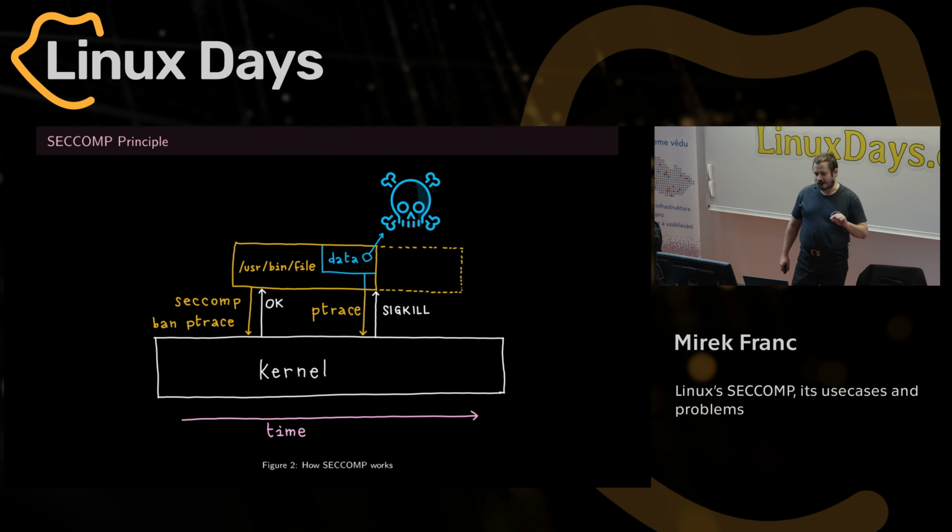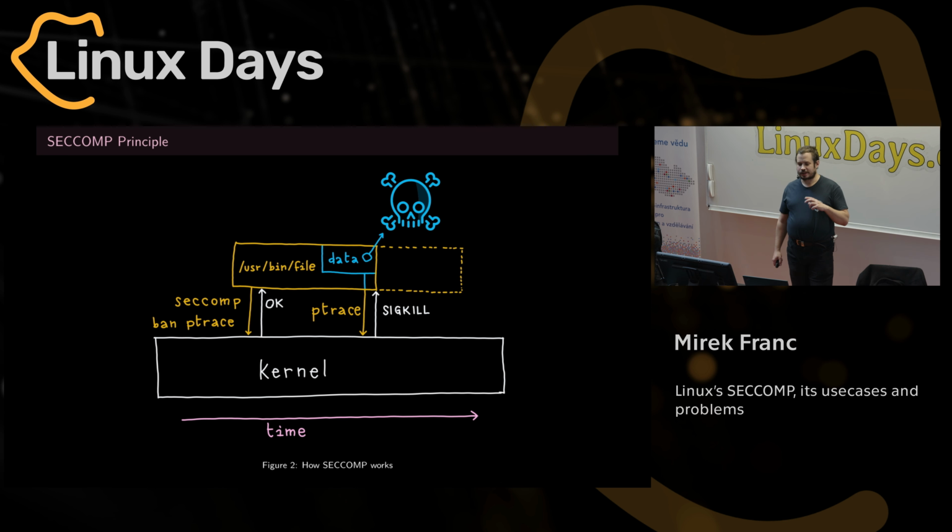Conceptually, this is how it works. You run file, and that file utility at the very beginning calls the SECCOMP syscall, because SECCOMP is just another syscall. And it tells the kernel: ban ptrace. The kernel says OK.